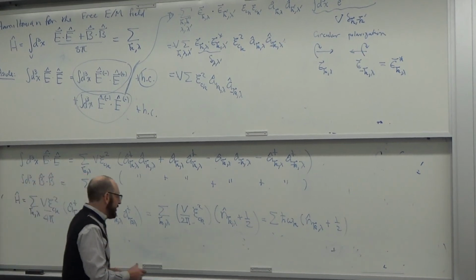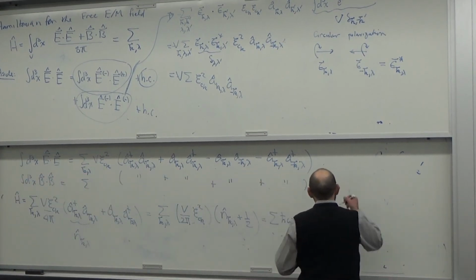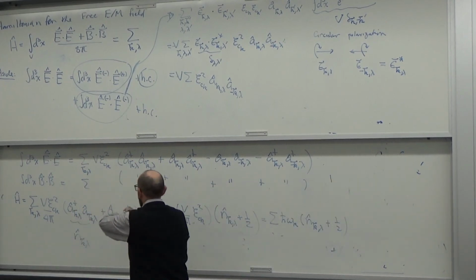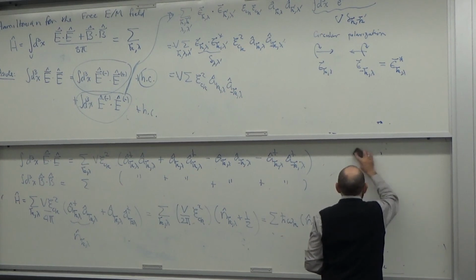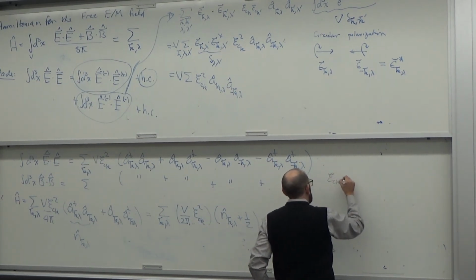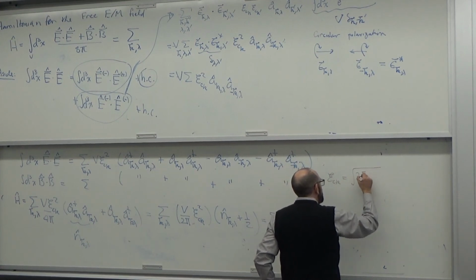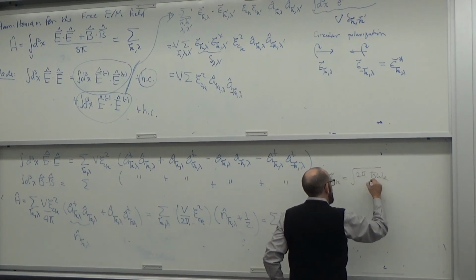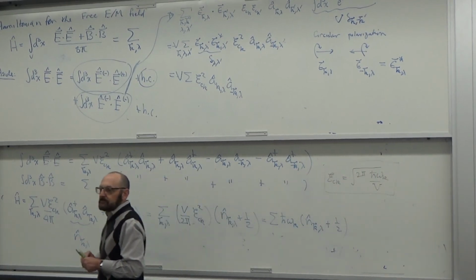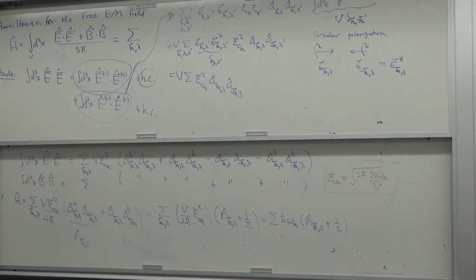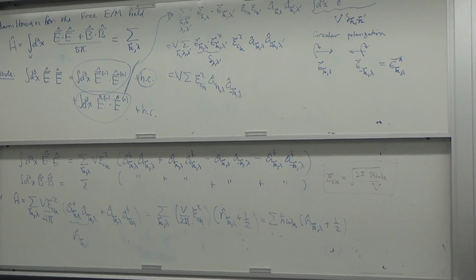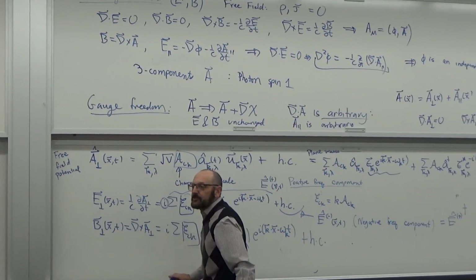And so what we have is that the characteristic scale of the electric field is equal to the square root of 2 pi h bar omega over V. And with that, we have the full description of the quantized electric and magnetic fields.